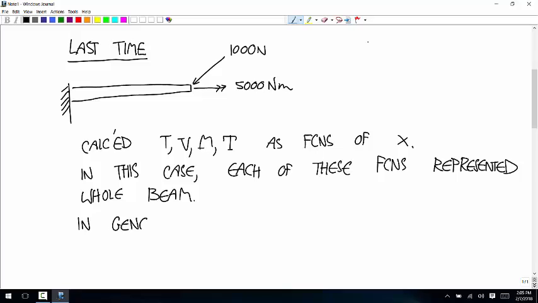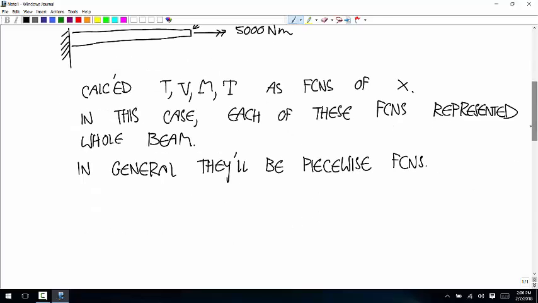So in general, they'll be piecewise functions. So how do you know when you need to calculate a new piecewise function? Where do you need to start using a new subfunction for the piecewise function?